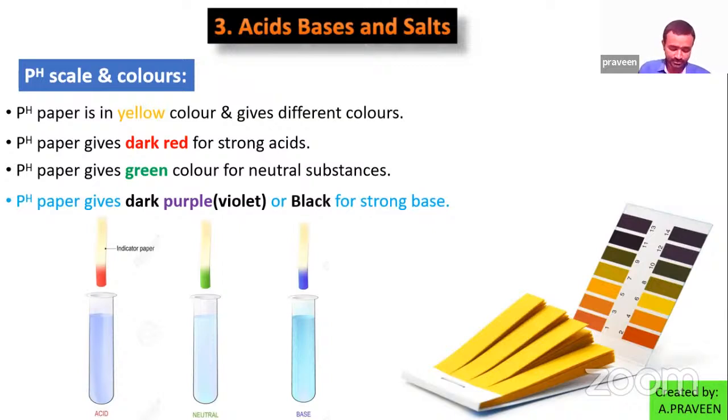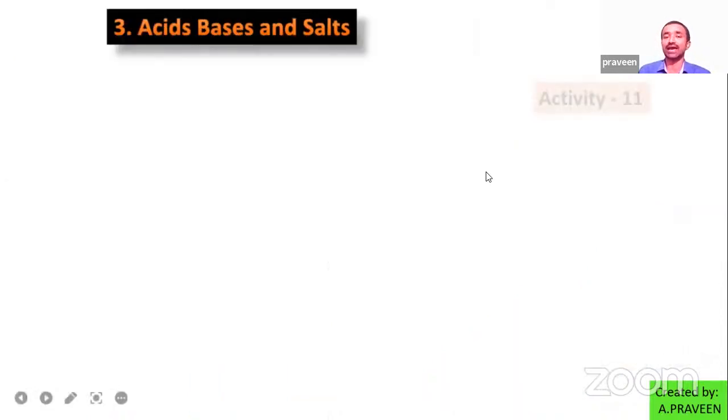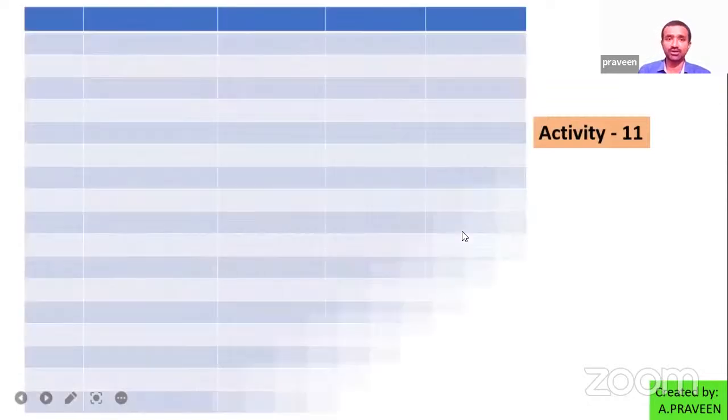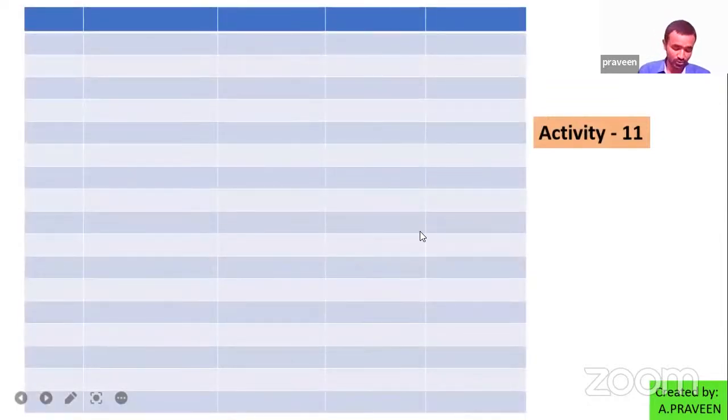Now, the next topic is finding the pH values of different substances in our day-to-day life. Activity 11. There is a table given in your textbook, and they have suggested you use different types of solutions which we come across in our daily life. Here I am classifying that table into different columns.